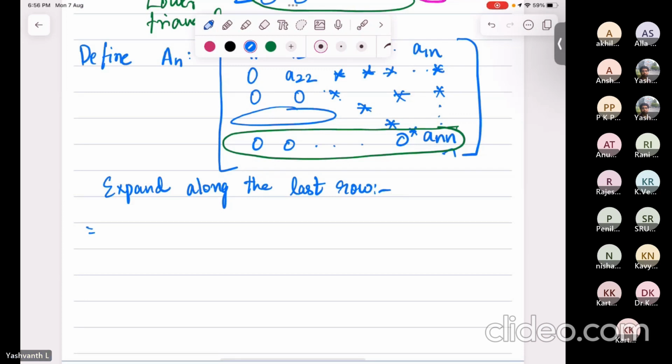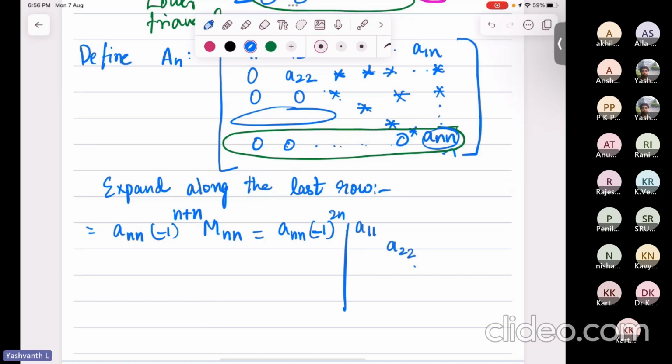All these are zeros, right? Only one non-zero element. So the determinant is nothing but a_nn times (-1) to the power n plus n times the minor M_nn, which is nothing but a_nn times (-1) to the power 2n times the determinant of the matrix with entries a11, a22, and so on till a_(n-1)(n-1).